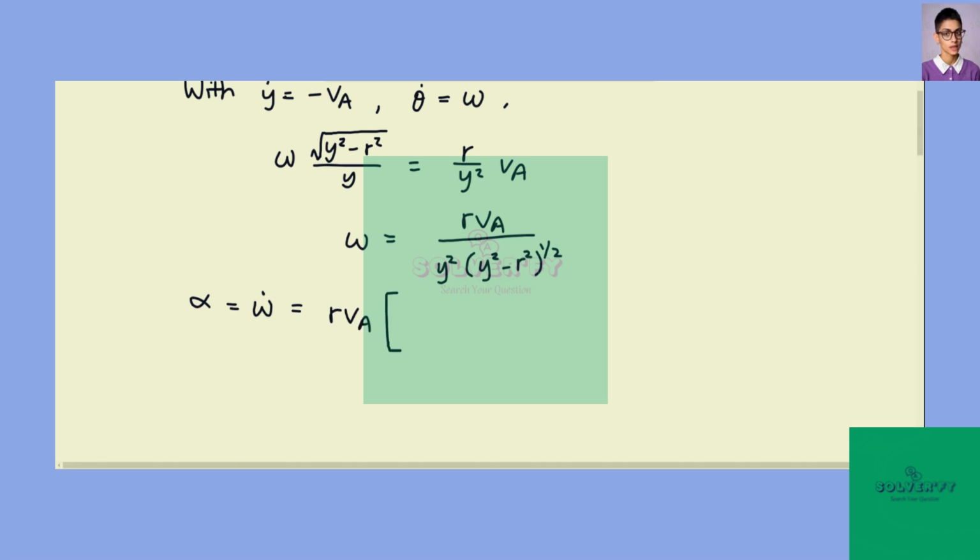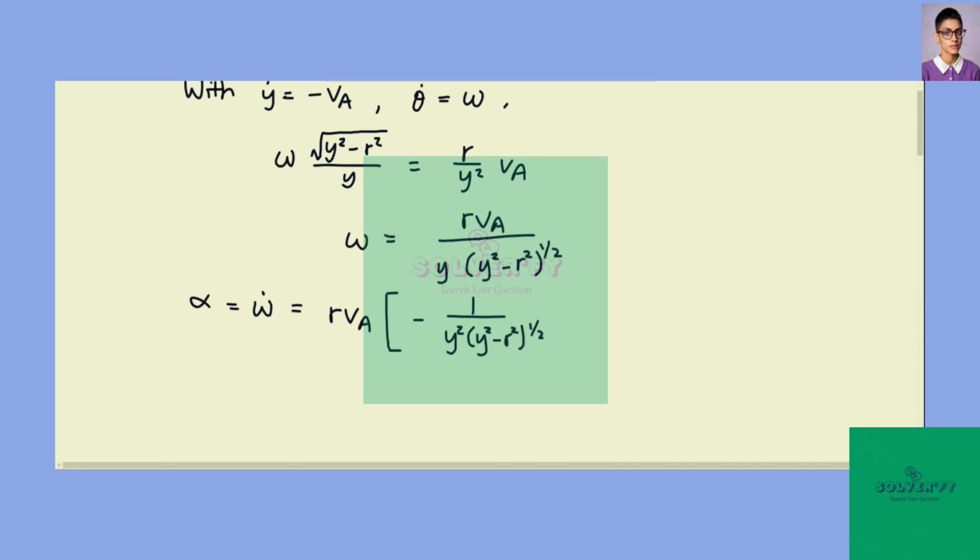So we have minus 1 over y square times y square minus r square to the power half, and then if you simplify, this should be r VA divided by y square minus r square to the power half. Okay, so one of the y cancels.